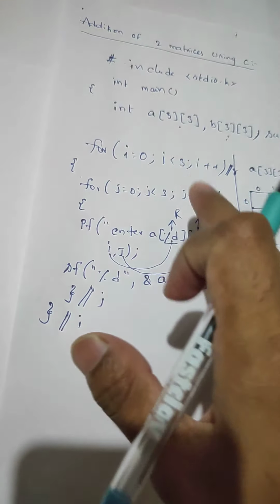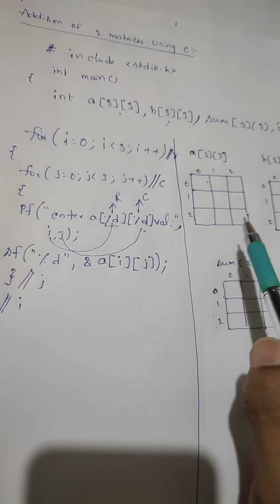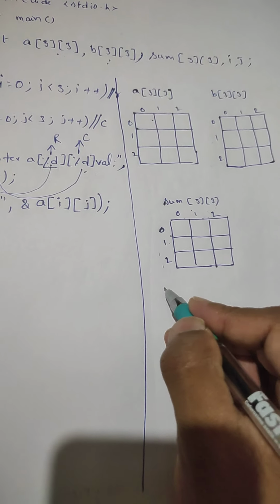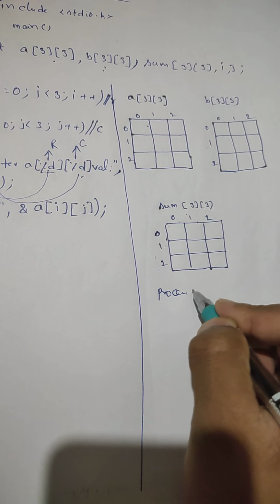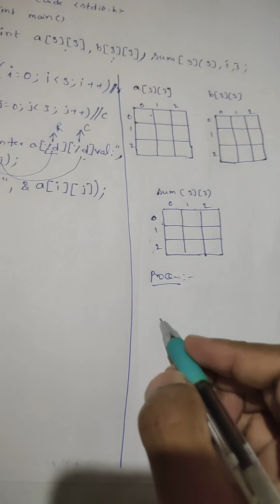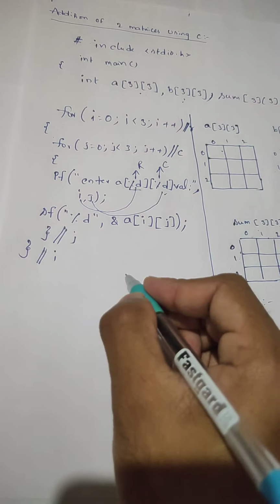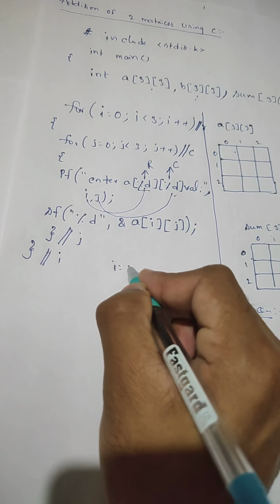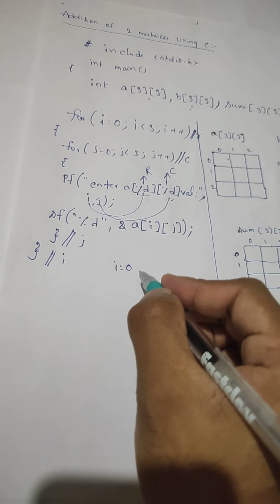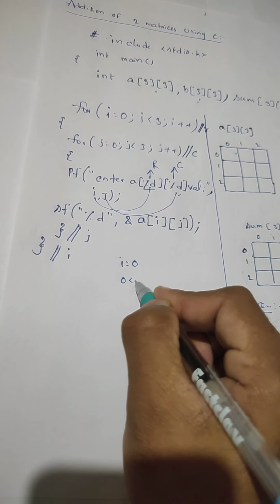After completion of this entire thing, how are the values inserted in this A matrix? See the process. First, check the condition. What is the value of i? The initial value of i is 0. Next statement: i, that is 0 less than 3.